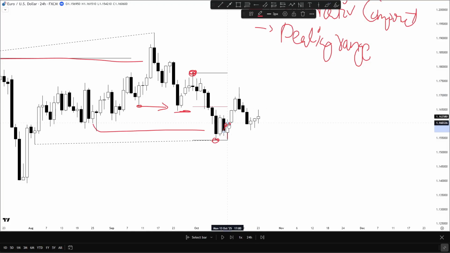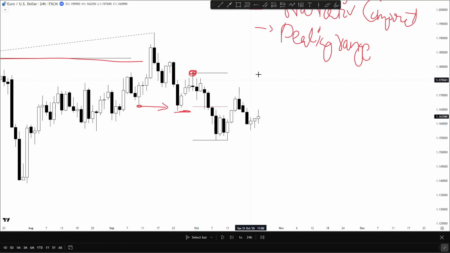You can see that after this dealing range was formed, price retraced higher, had a retracement profile higher. With this retracement profile, it tested this premium key level in the form of this premium order block.